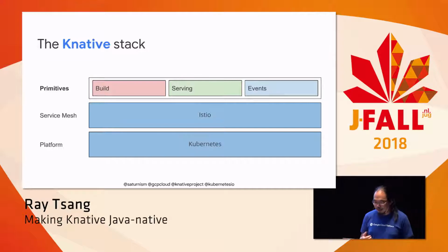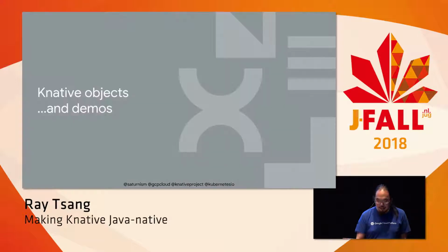And for some of the function-oriented workloads, we have event-driven primitives as well. So you can define events, you can listen to events, and then we can propagate the events downstream to different functions as well. That is the gist of what Knative can do.